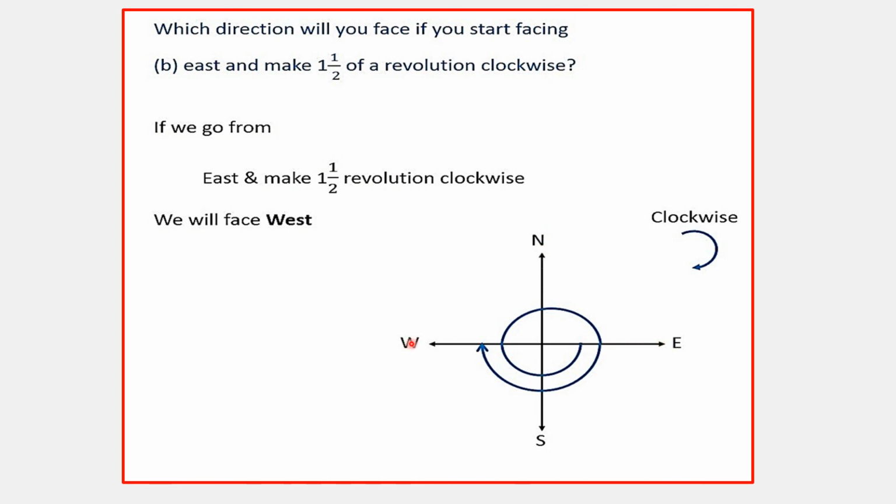This is east, west, north and south, and one revolution means you are coming back to east, and then again you are taking half more. So again in the same clockwise direction you are moving half more. So now you are facing west. So which direction are you facing? You are facing the west direction.